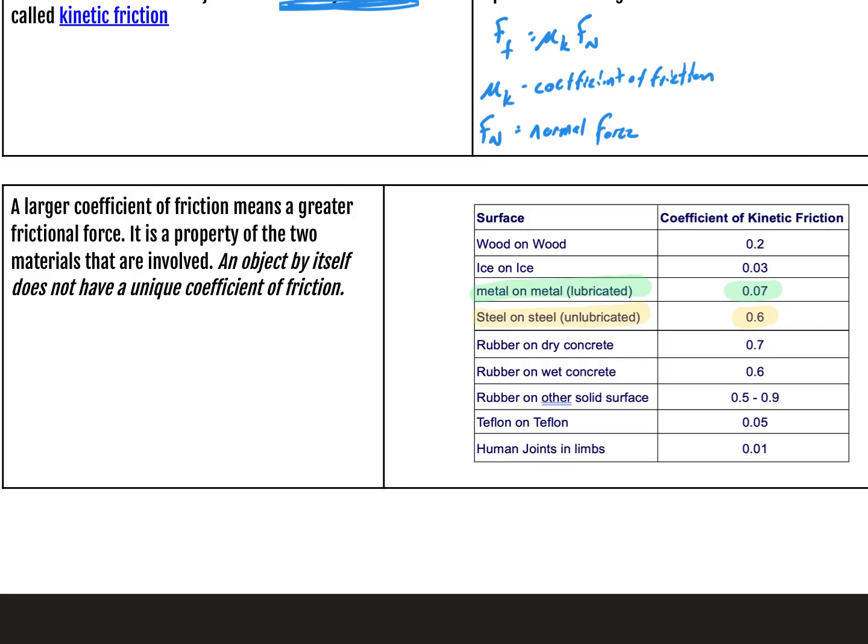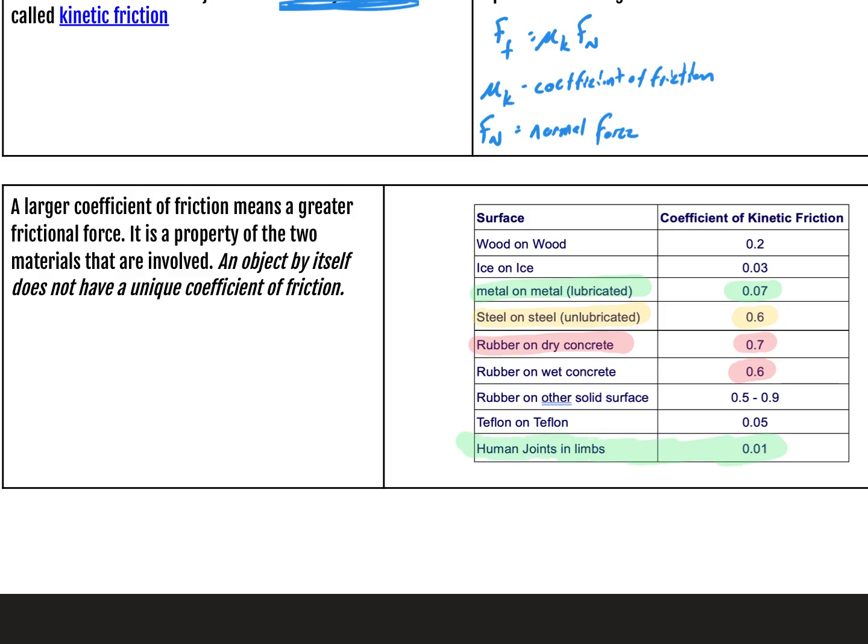One that's really important for us is rubber on concrete, right? That's how we drive around. Rubber on wet concrete, so notice here it's a little less. So when the roads get wet, it's sometimes harder to stop. Doesn't happen too much for us. One that's really kind of interesting here is this human joints and limbs, that synovial fluid.